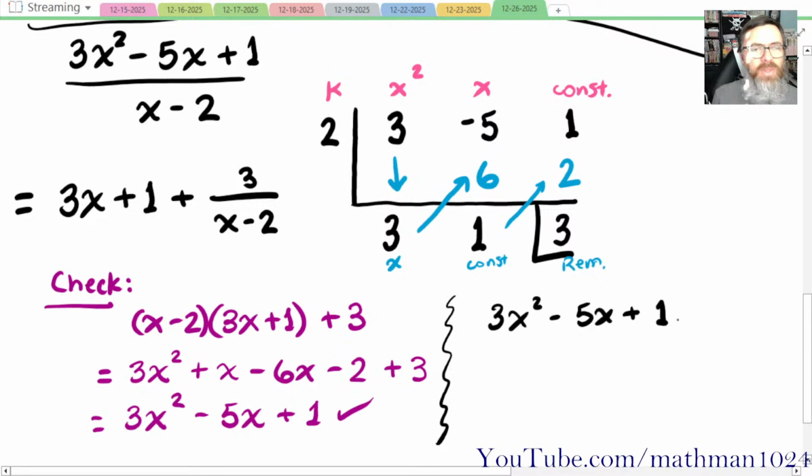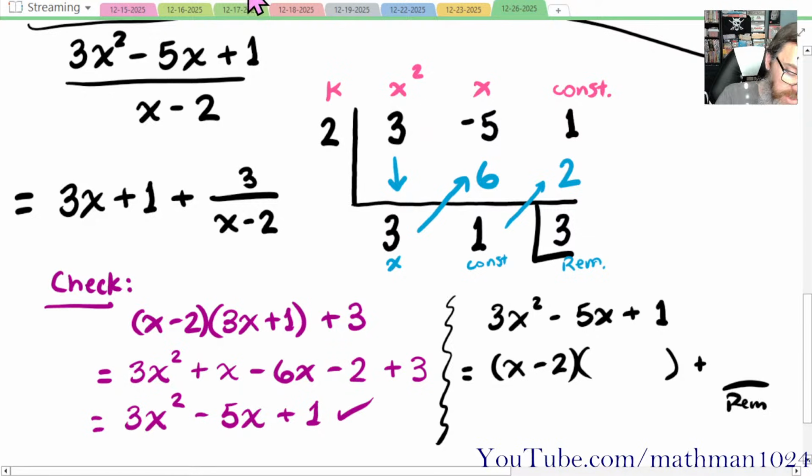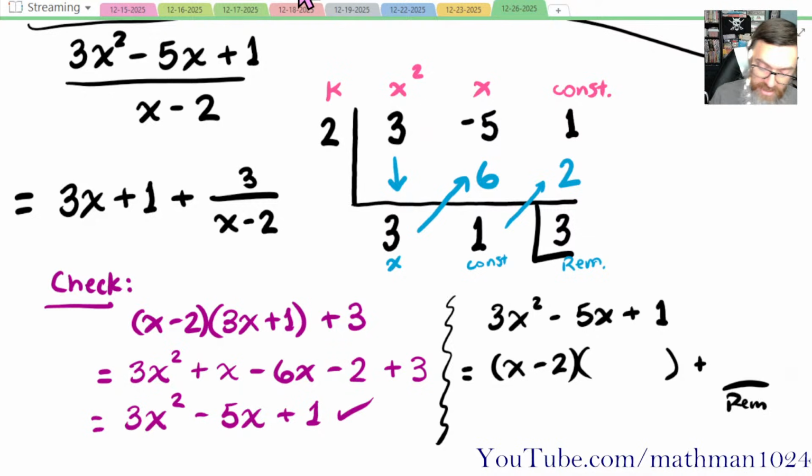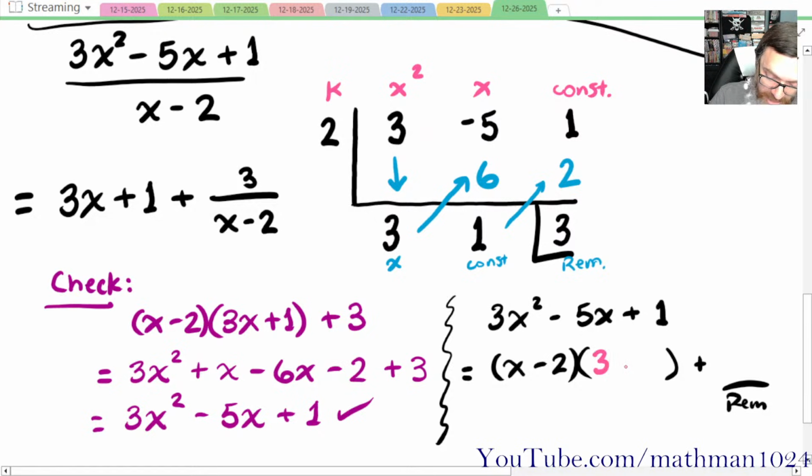But if I look at the work that I've done, we see how we were able to take this factor of x minus 2, and we're able to break this guy down as something times that x minus 2, and then plus this remainder. So the synthetic division would allow us to fill in the blanks here and say, oh, well, x minus 2 went in 3x plus 1 times with a remainder of 3.